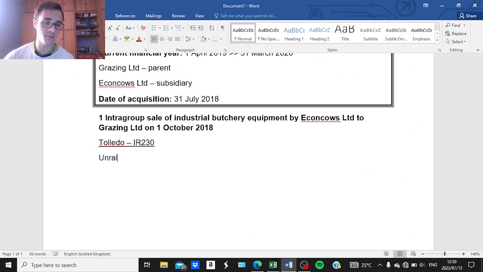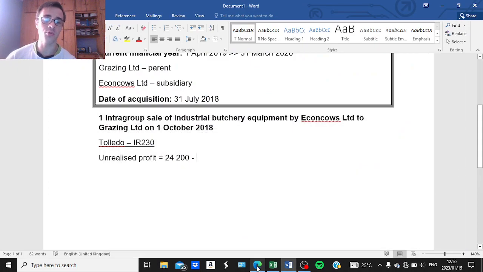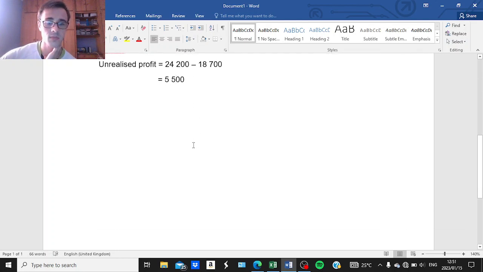So the unrealized profit is equal to the proceeds on the date of sale, which is 24,200, and then we will subtract the carrying value of 18,700. This will give you an unrealized profit of 5,500 Rand.